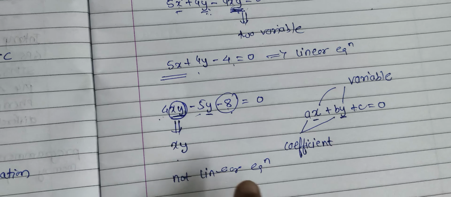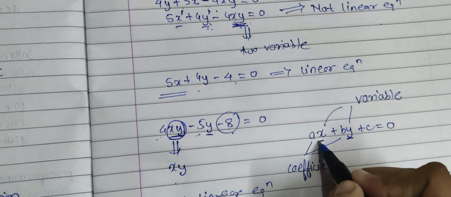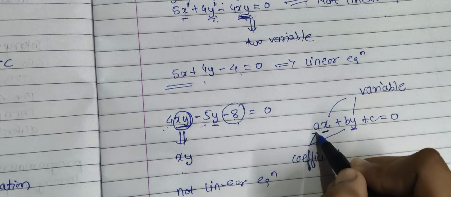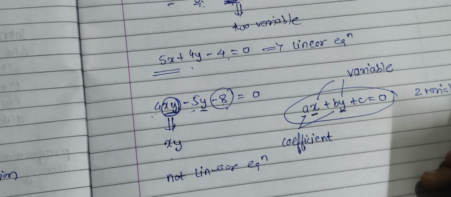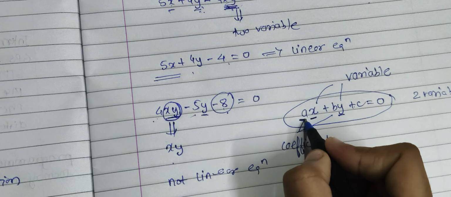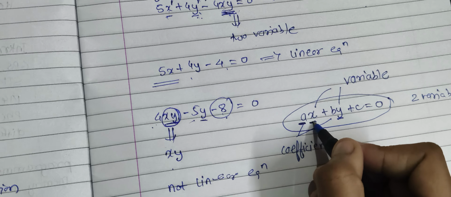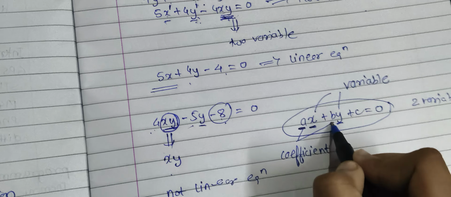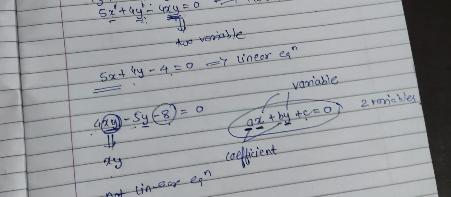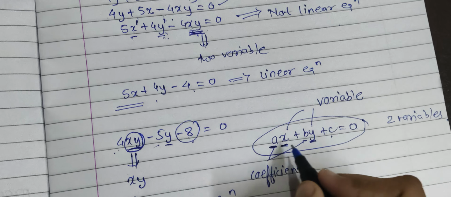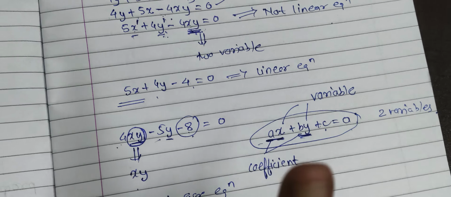Just because there are two variables x and y with 4, and our general equation says that it should have only one variable with one coefficient. As the whole equation has two variables, but the variable with each coefficient should be 1. Like here a is one coefficient, it has only one variable x. Over here b is one coefficient and it has only one variable y, whereas c is a constant term. If we consider this as a whole equation, the equation has two variables x and y, but each term has one variable.